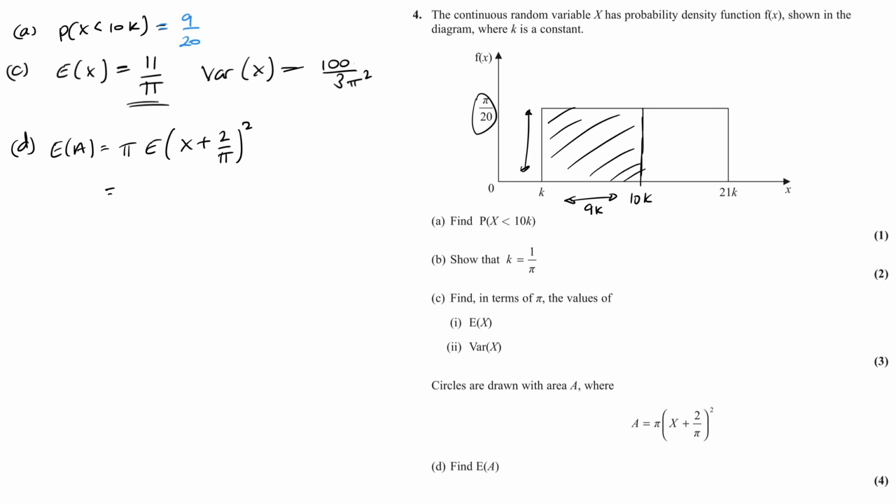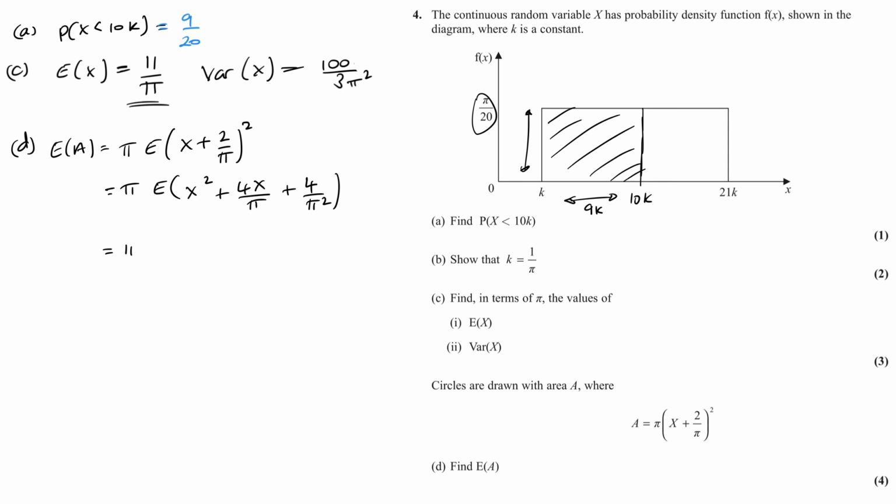Now this means we've got a pi there, so E of, now the squared, so what you need to do with this is expand those brackets really. So this is going to give me an x squared plus, now it's 2 times these, isn't it? So x times this, so 2x over pi, so it's going to become 4x over pi. And then we've got 2 squared, so it's going to be 4 over pi squared. So that's what I'm looking at.